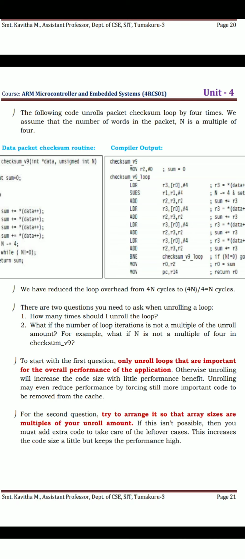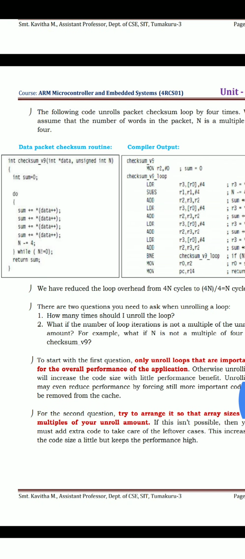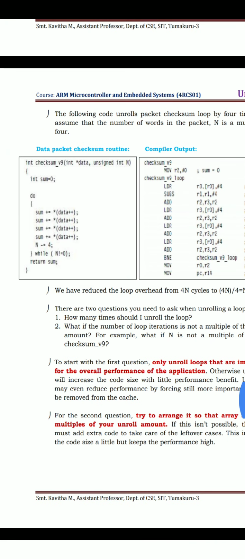So you can observe the following things in this C routine that you are seeing on the screen. A variable size data packet is considered and it is assumed that the number of words in the packet is a multiple of 4. A do while loop is used here and a pointer is incremented instead of array indexing, and you can observe the summation operation, that is sum plus equal to star of data plus plus.